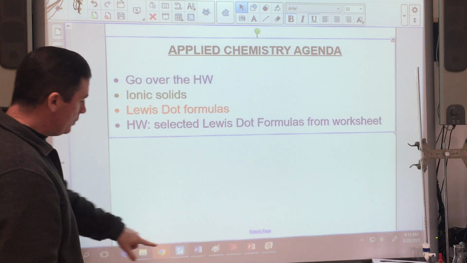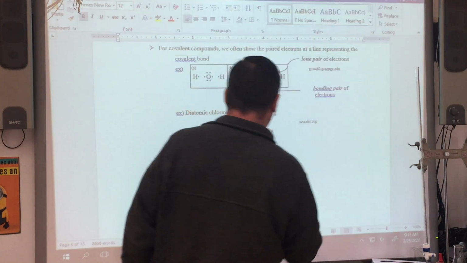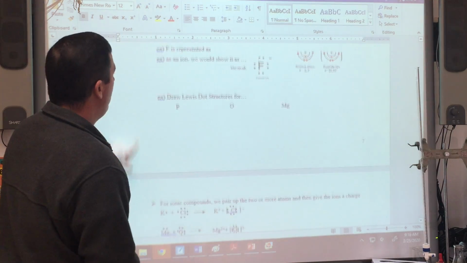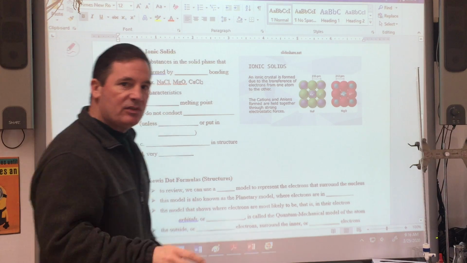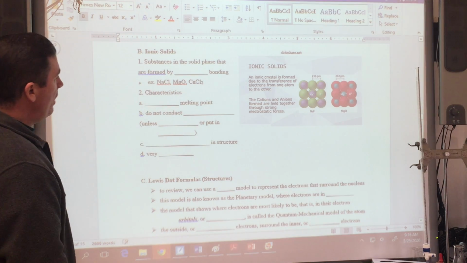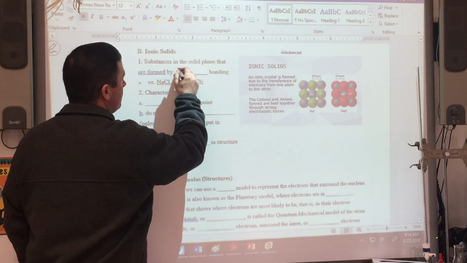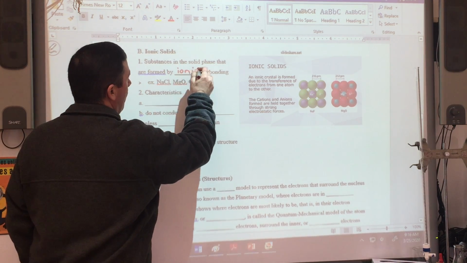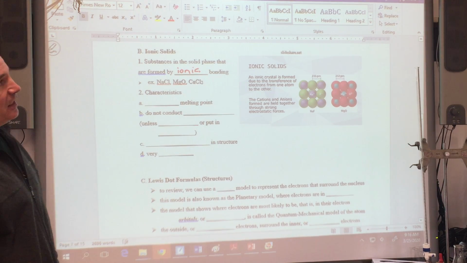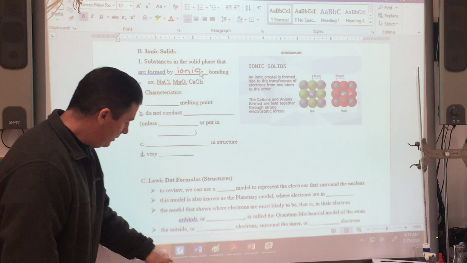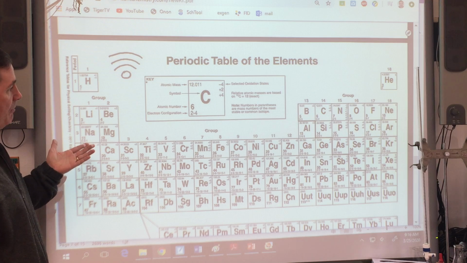All right, let's look at the notes for ionic solids. Again, you have these all filled in. Substances in the solid phase that are formed by ionic bonding. And at this point, you should be able to look up at the periodic table and make up some ionic compounds.